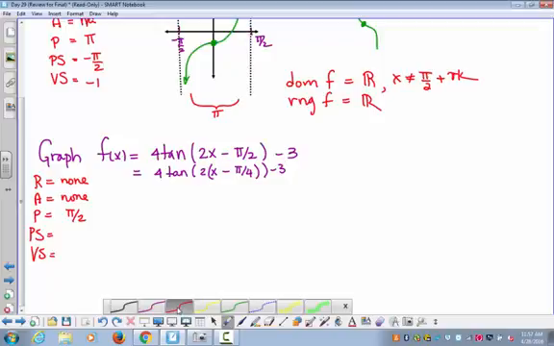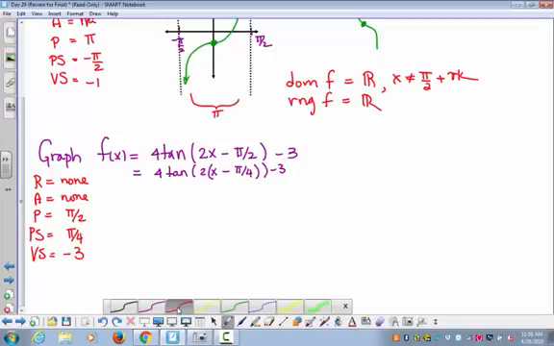We divide the basic period by 2, thinking in our head, coefficient bigger than 1 on the inside is a horizontal compression. That's what it's done. It's compressed the period from pi to pi halves. Phase shift, opposite of what we see. Vertical shift, exactly what we see.